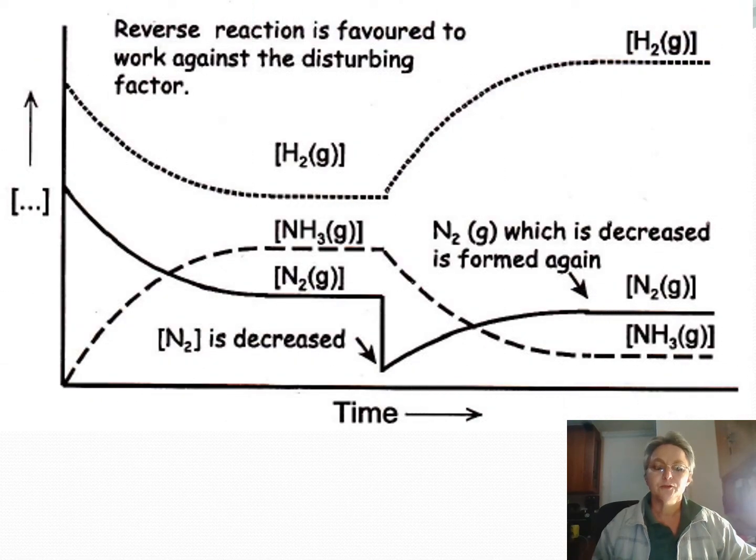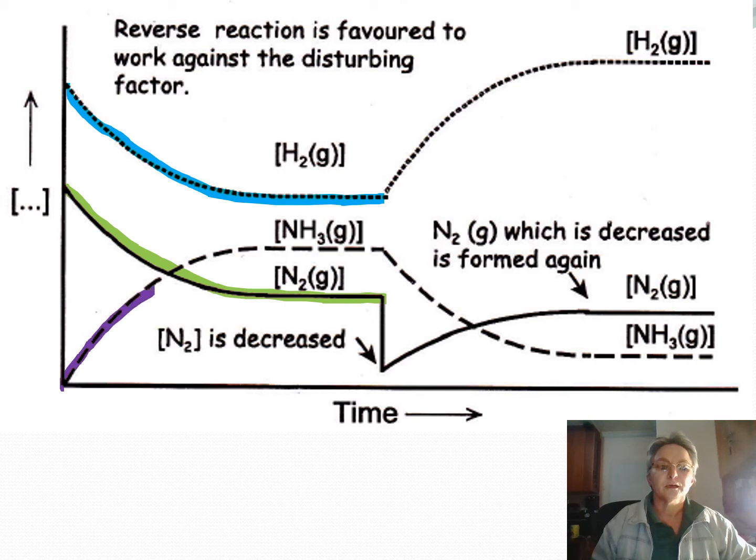What will happen to the concentration of the hydrogen and the nitrogen? Let's look at that. We started off with a certain amount of hydrogen and equilibrium was reached. We started off with a certain amount of nitrogen and equilibrium was reached, and we started off with 0 ammonia and equilibrium was reached.